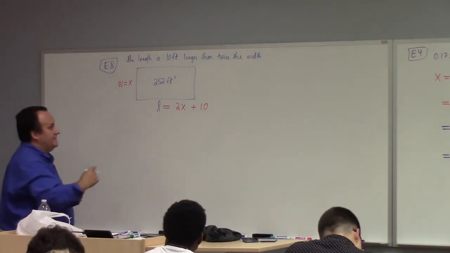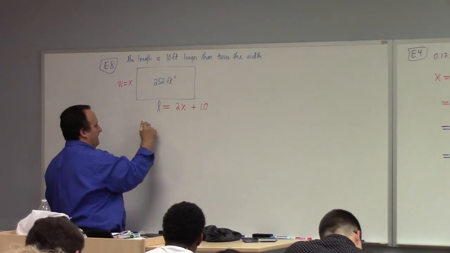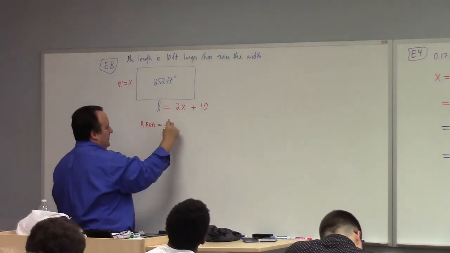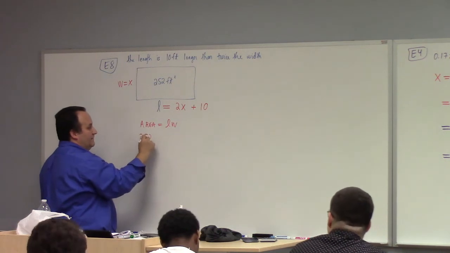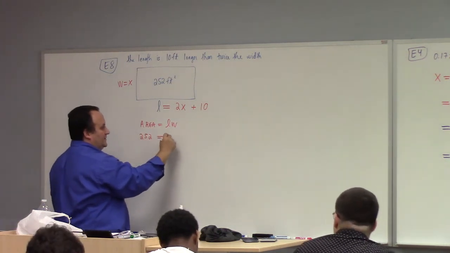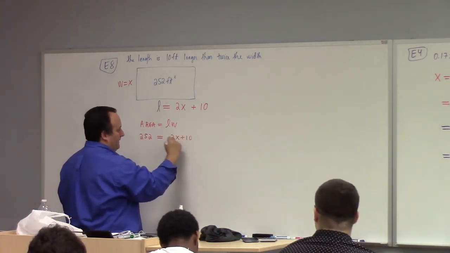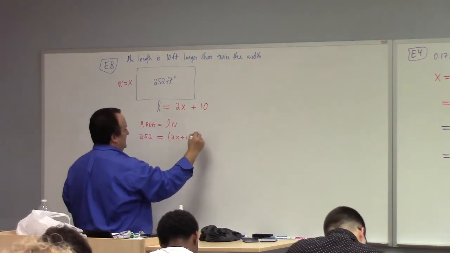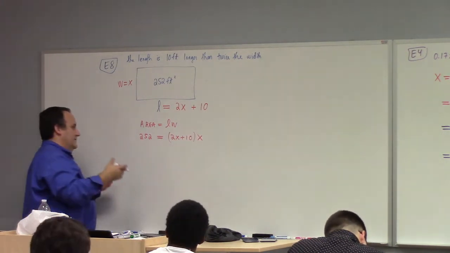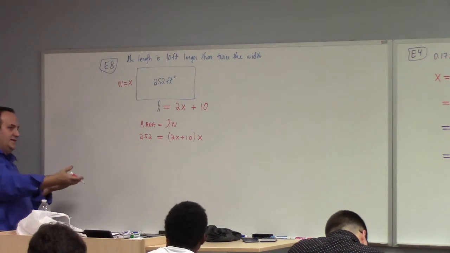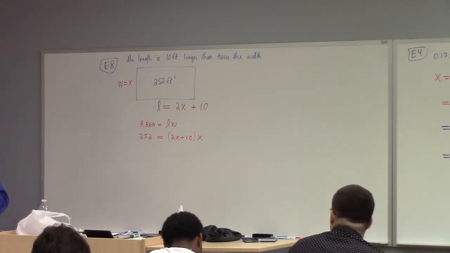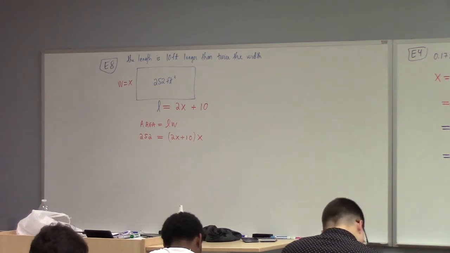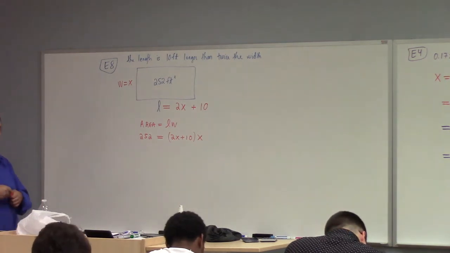Then what? The area is what? Length times width, right? But the area is given to be 252, and the length is 2x plus 10, and the width is x. So, again, a quadratic equation, right? Pretty much all of the application problems in this section come back to quadratic equations, okay?